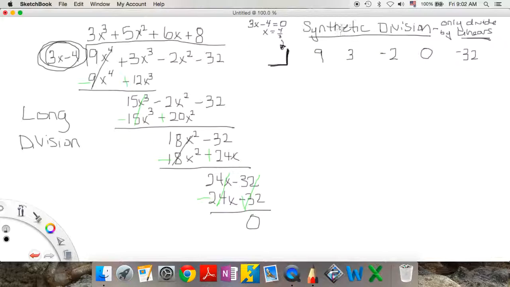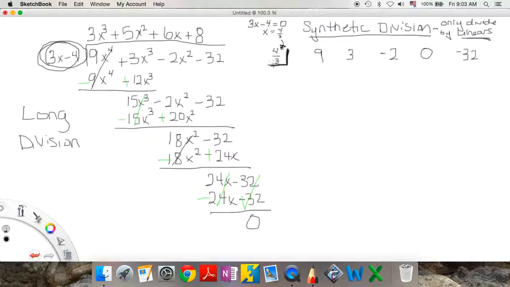So for synthetic division, first we set up all our coefficients. Make sure you have every single term in descending order. Then we put our box over here. The linear term we're dividing by, it has to be linear. We just set it equal to 0 and solve that, and that number goes here in this box.